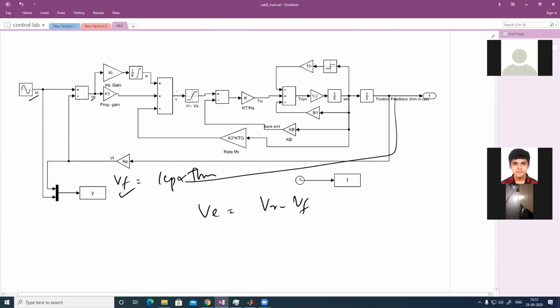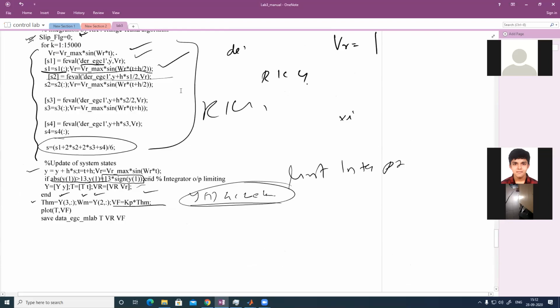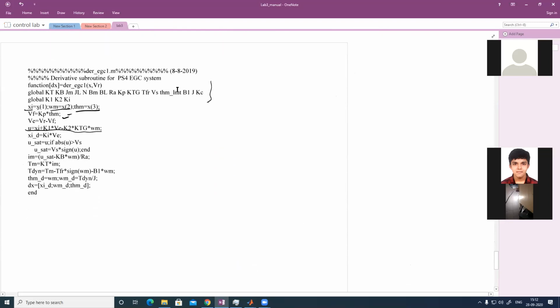U is equal to Xi plus K1 into V minus K2 into KTG into omega m.